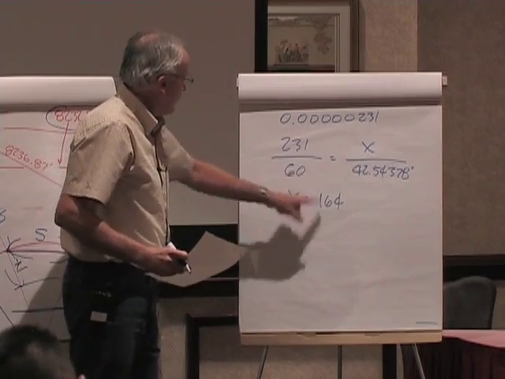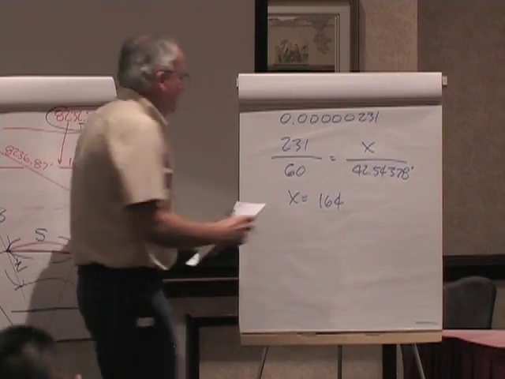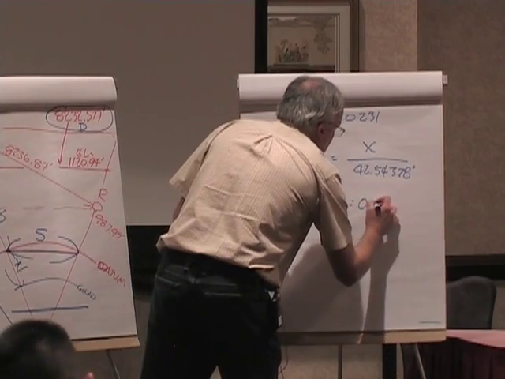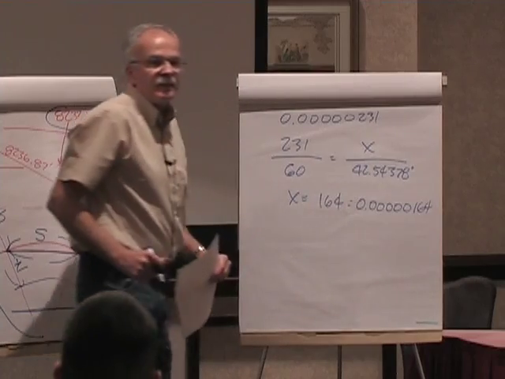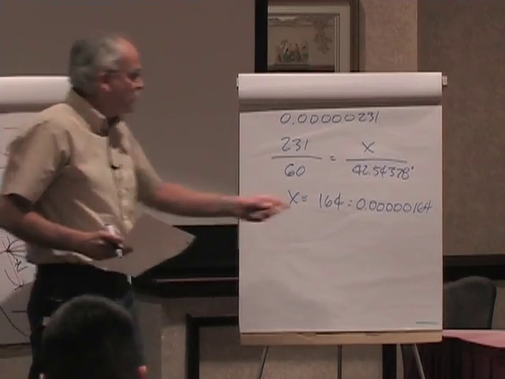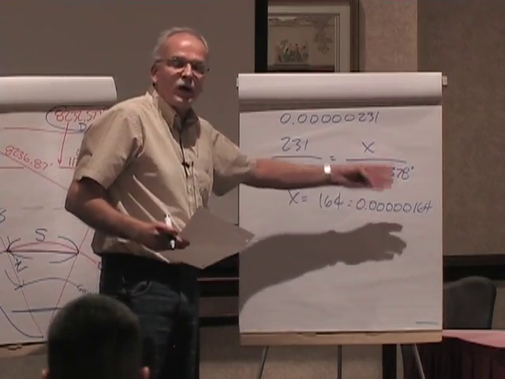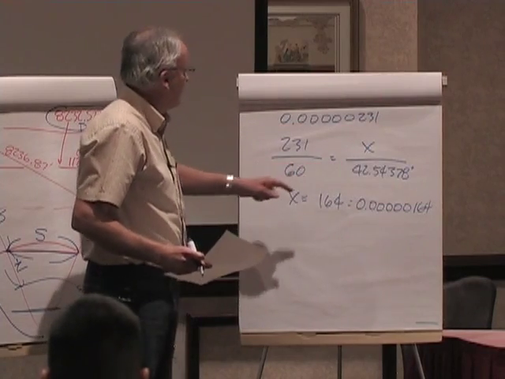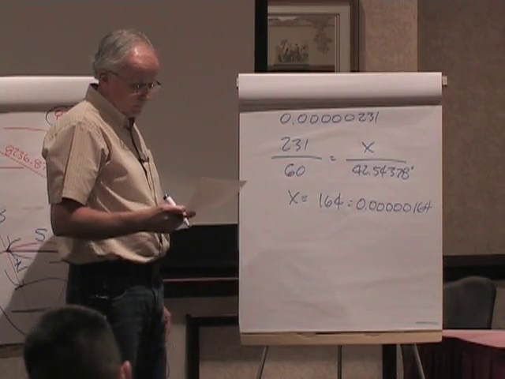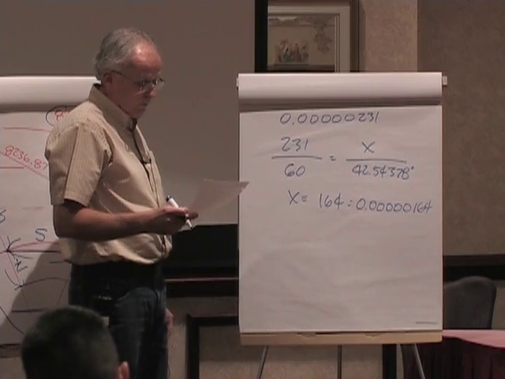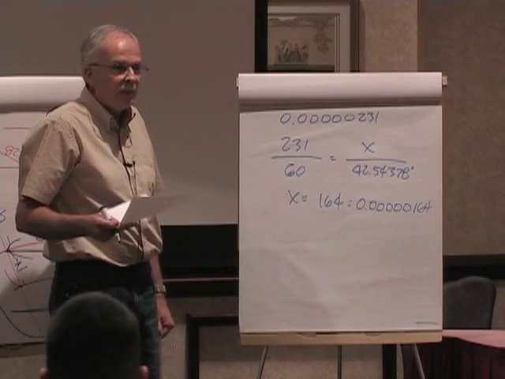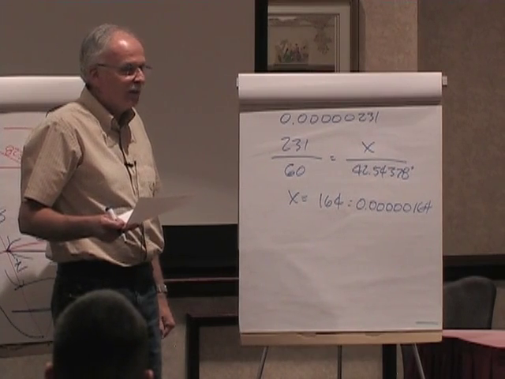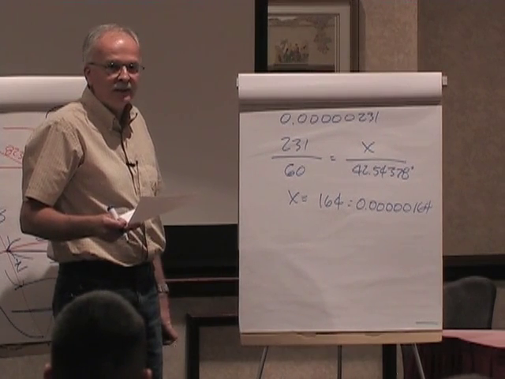About two-thirds, yeah, it makes sense, which actually equals 0.00000164. That is the amount of change in the scale factor from 1 minute to the next minute, from 3417 to 3418. Make sense? Got everybody lost? Clear as mud?